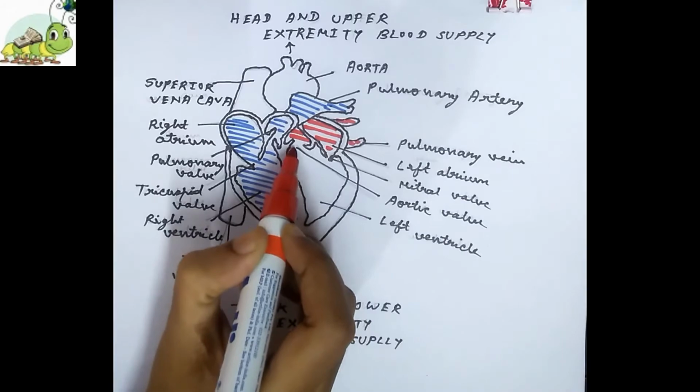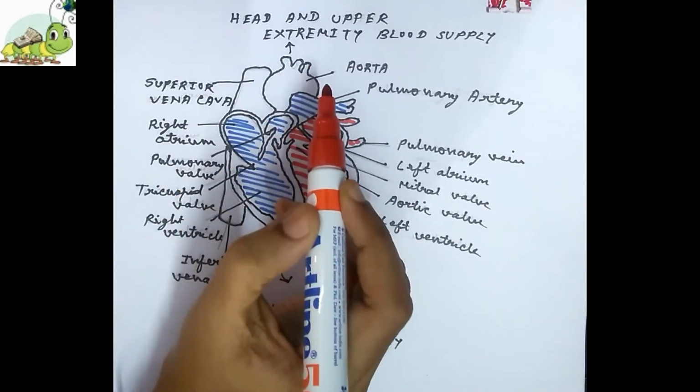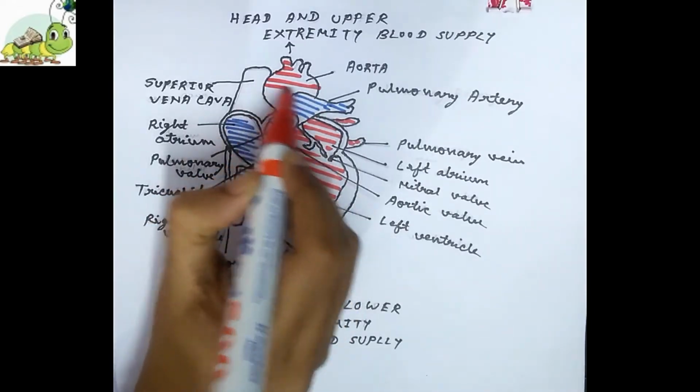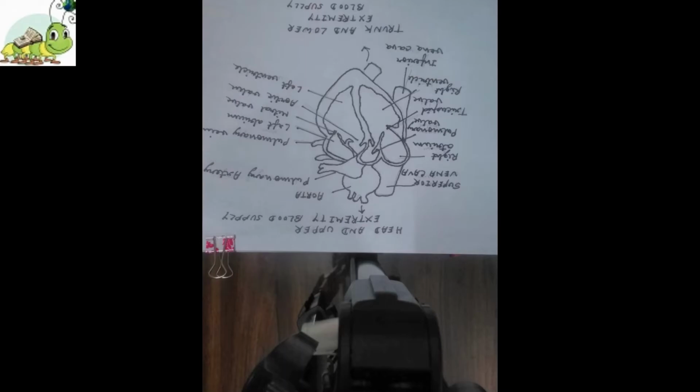The aortic valve consists of 3 cusps, right, left and posterior. The left and right aortic sinuses mark the origin of the left and right coronary arteries. As blood recoils during ventricular diastole, it fills the aortic sinuses and enters the coronary arteries to supply the myocardium.